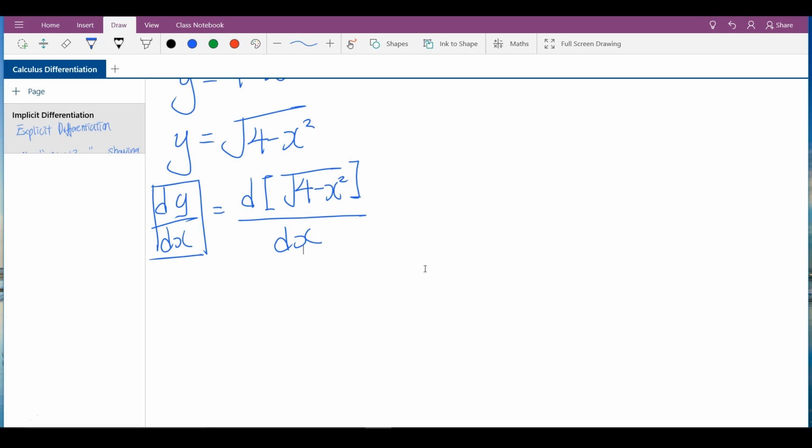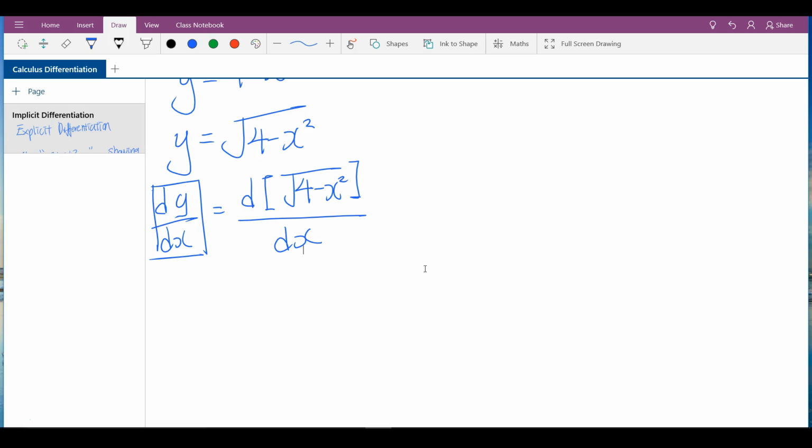So this is actually what's happening to the equation: differentiating y with respect to x is equal to differentiating root 4 minus x squared with respect to x. Okay? And then we will go on to derive both sides.